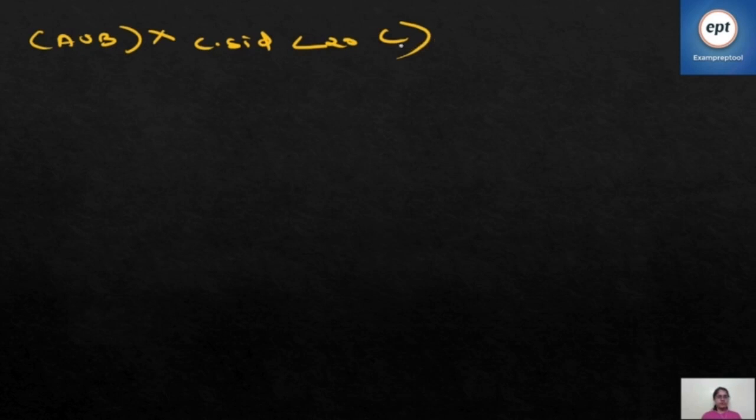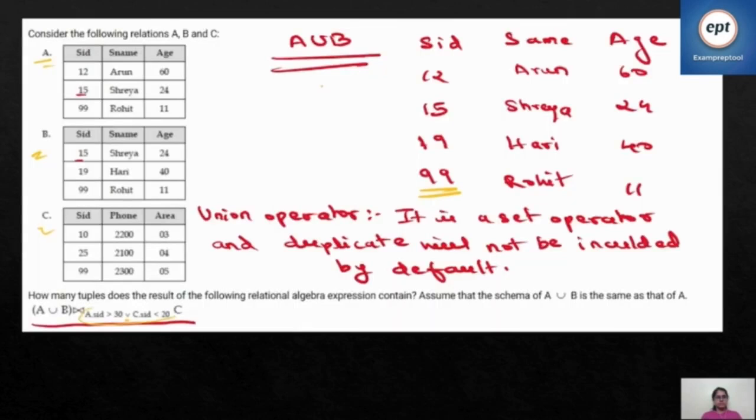So what will our tuples be? SID should be smaller than 20. So 10 is smaller than 20. 25 is not smaller than 20, so we will not consider this. 99 is also not smaller than 20, so we will not consider this. So this 10 we have to do cross product with 12, 15, 19 and 99.